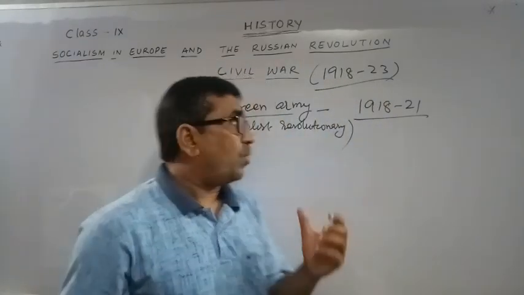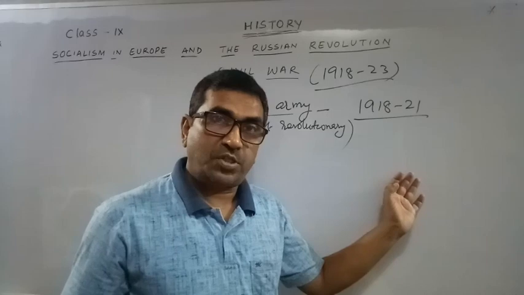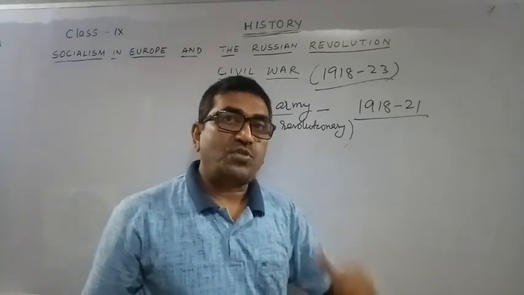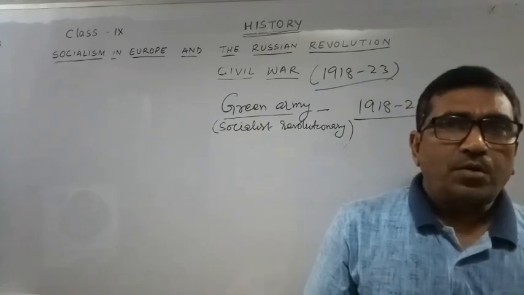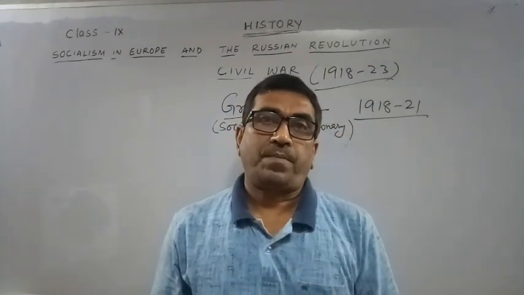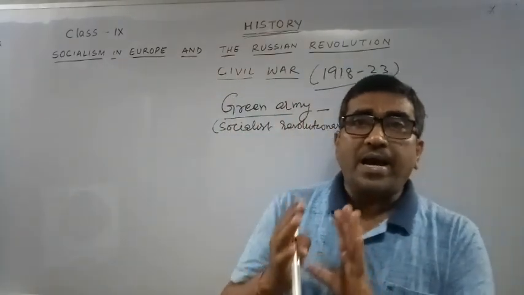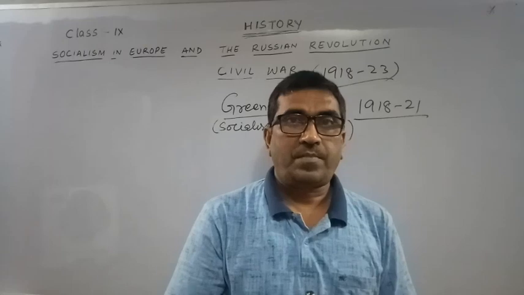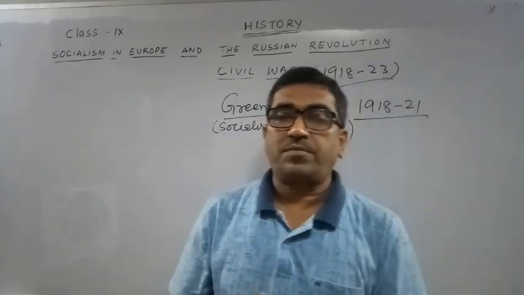Who were these armies? One was the Green Army, a supporter of the Socialist Revolutionaries. This army, as the name suggests, was a natural opposition to the Bolsheviks, meaning Lenin. Why so? Because Lenin had sent his soldiers through the peasants' land, and when the soldiers went through it, they destroyed their crops.